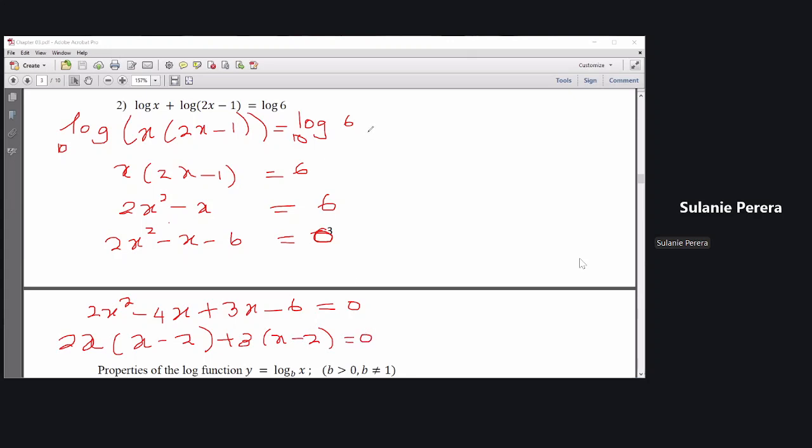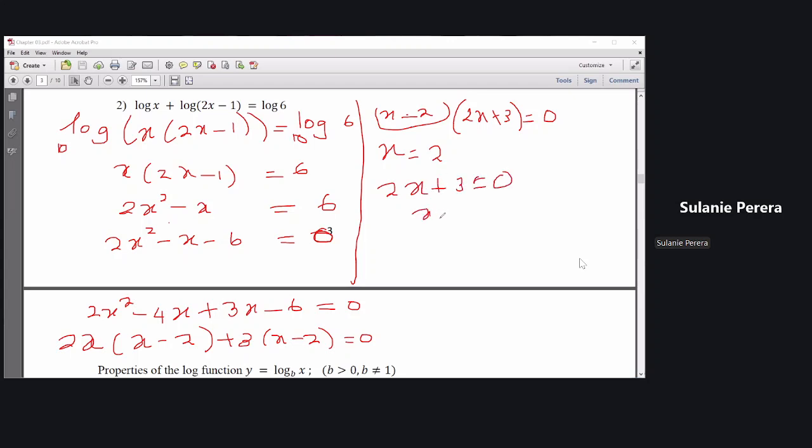So we have x minus 2 into 2x plus 3 equals 0. So one answer is x equals 2. The other answer is 2x plus 3 equals 0, x equals minus 3 over 2.